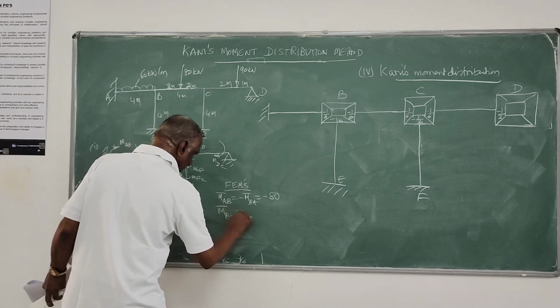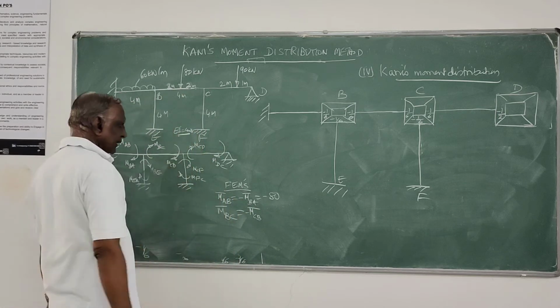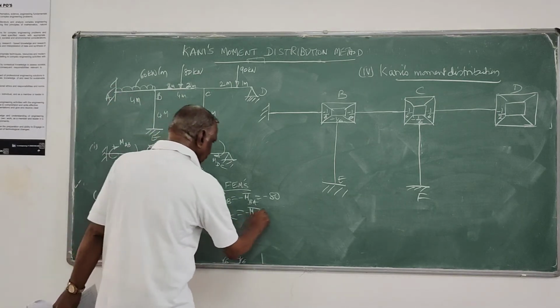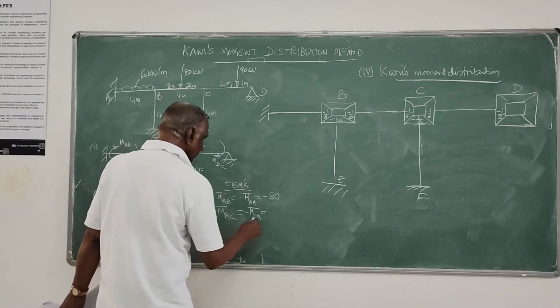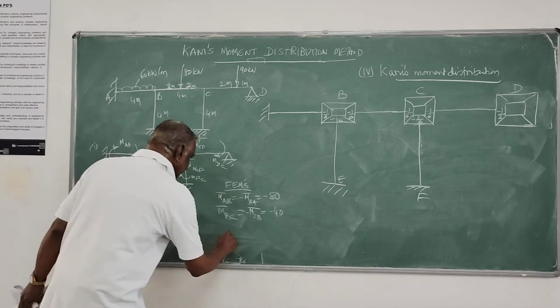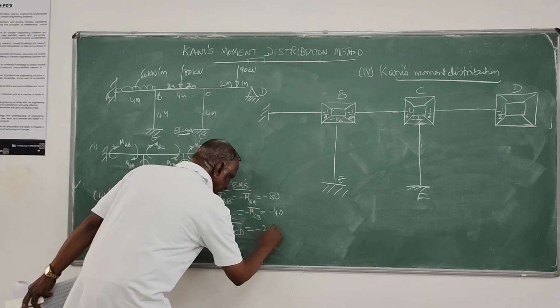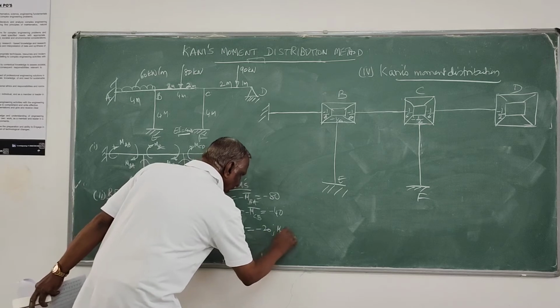And MBC bar, MCB bar, it is WL by 8, that is equal to minus 80 into 4 by 8, that is minus 40. And MCD just now we worked out, that is minus 20, MDC 40.